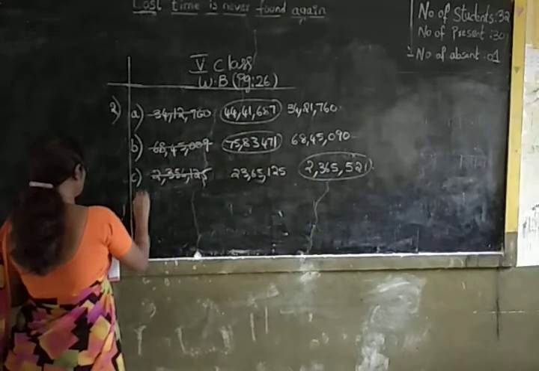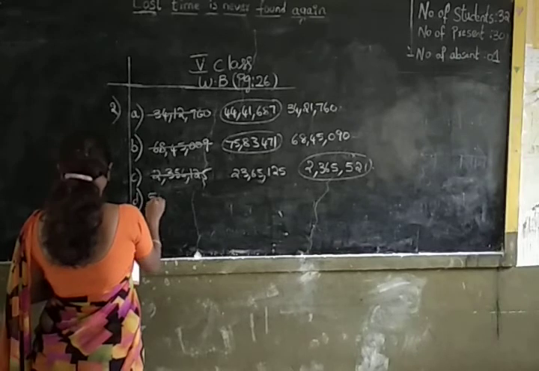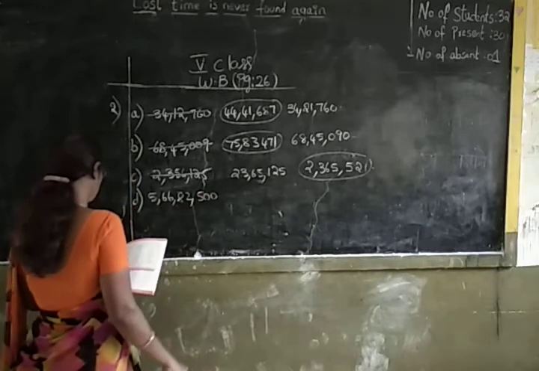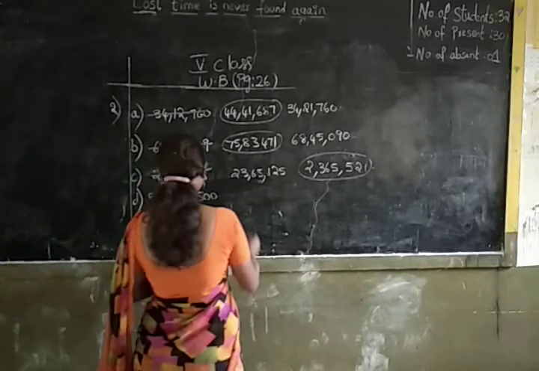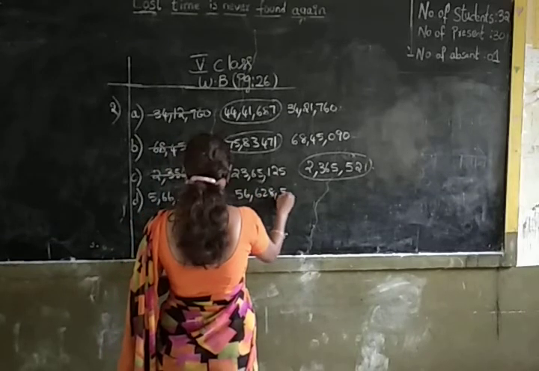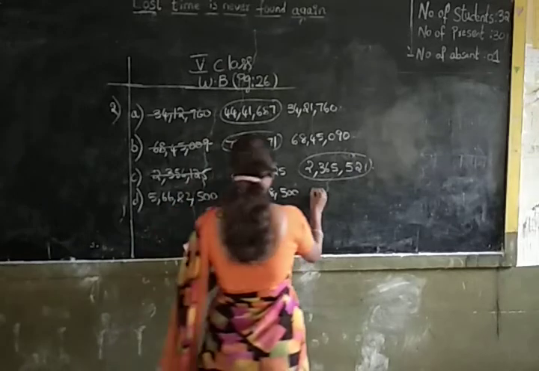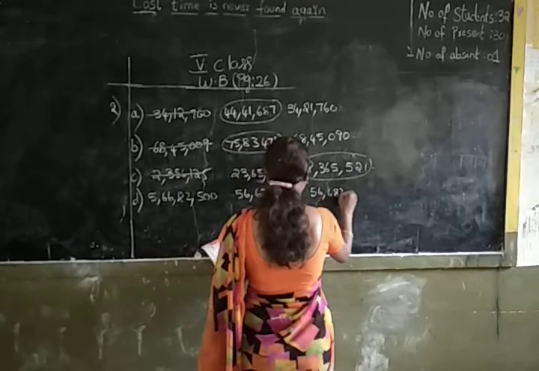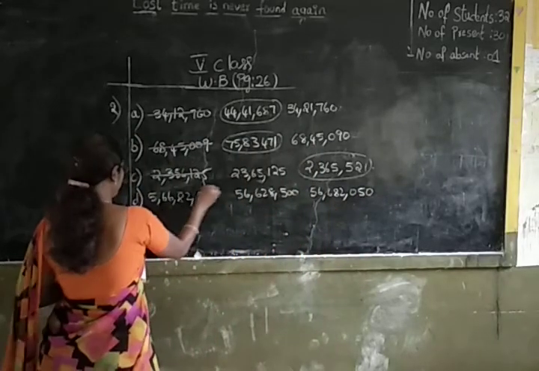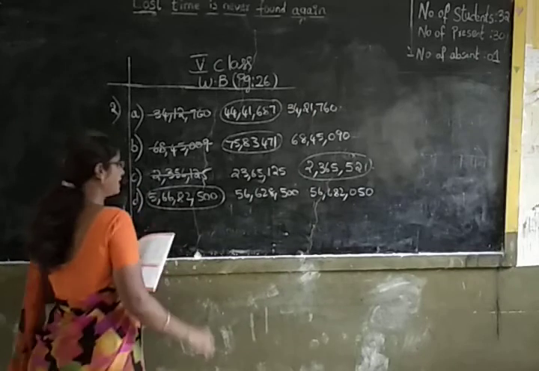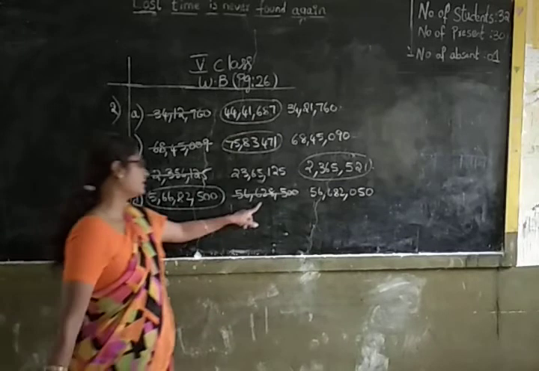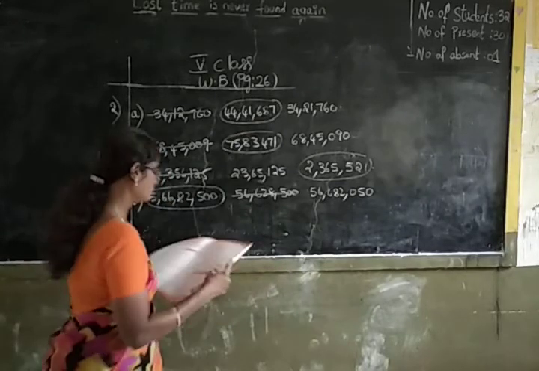Now let us do the D sum. 5,66,82,500. Next, 56,628,500. 56,682,050. So among these, 5,66,82,500 is the largest number and 56,628,500 is the smallest number.